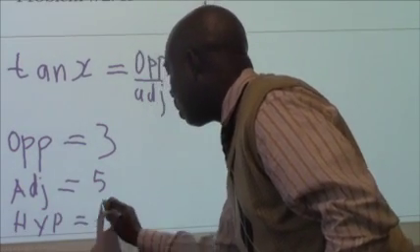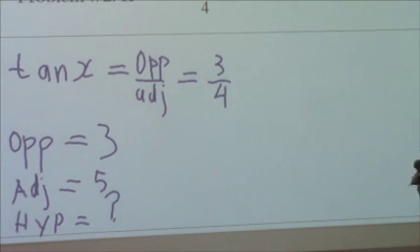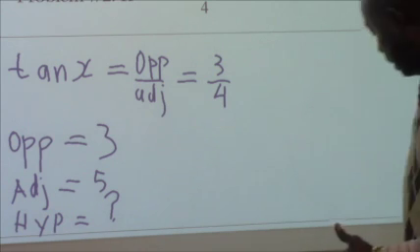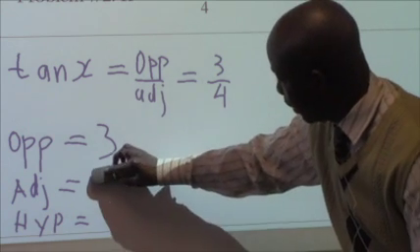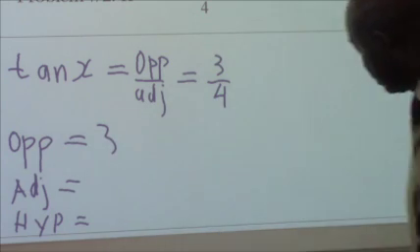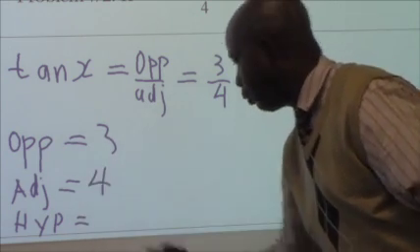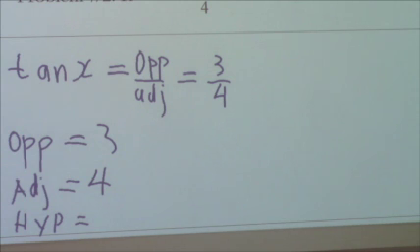But remember, we are dealing with a right triangle. Okay, I see a little mistake here. I'm running a little bit ahead of myself. The adjacent is 4. Good. So now let's draw this right triangle.